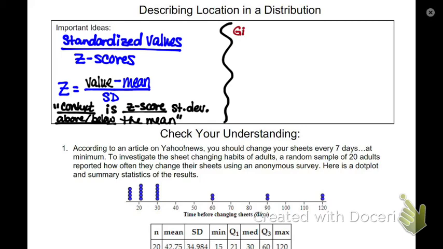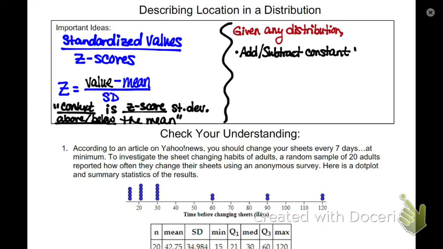All right, other big idea here. Given any distribution, if we add or subtract a constant, my shape and variability stay the same.